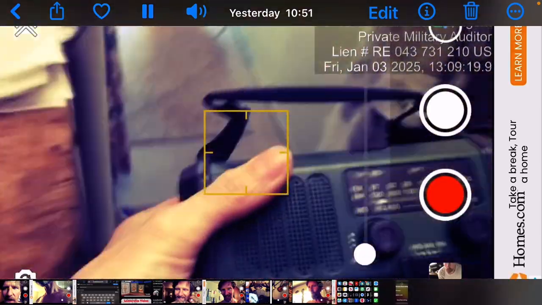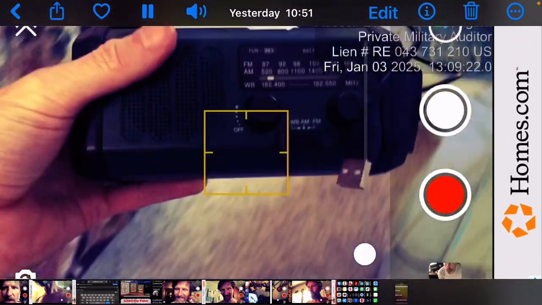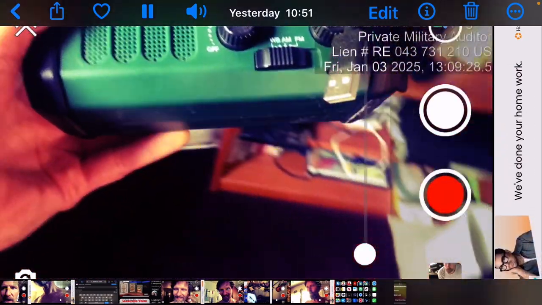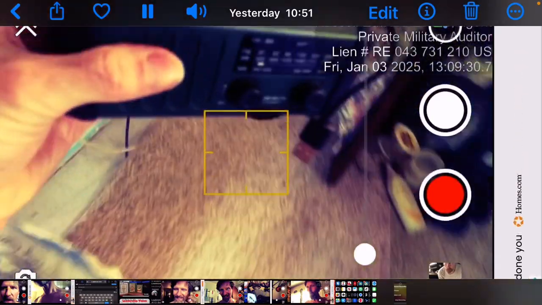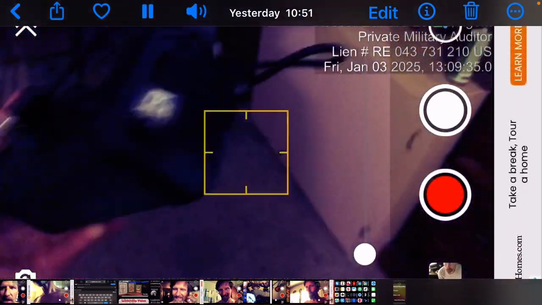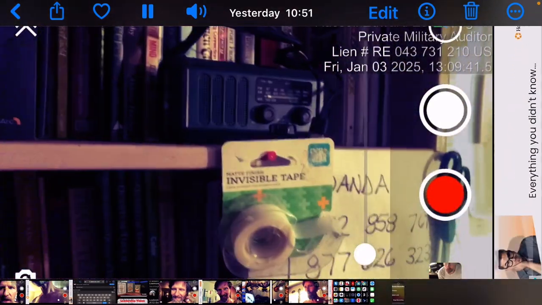This is an emergency radio. This is the best one for the money the brother could locate, with the longest battery life. Recharger, phone charger, the whole 9 yards. And the brother researched a good while.